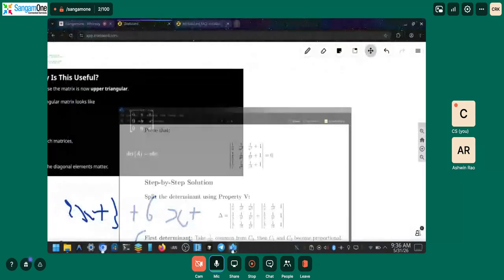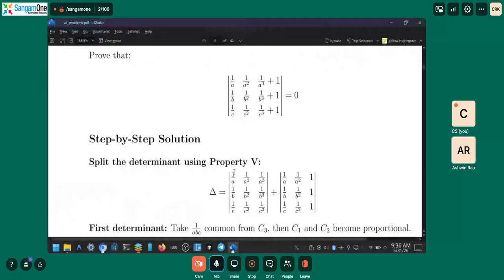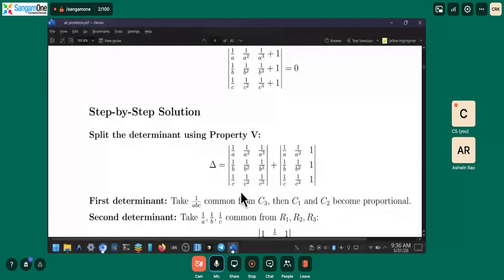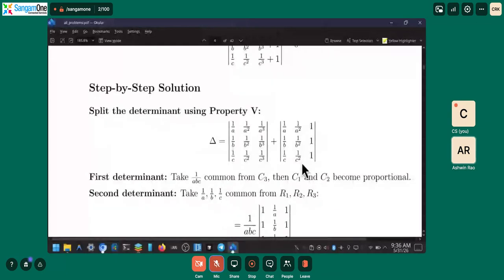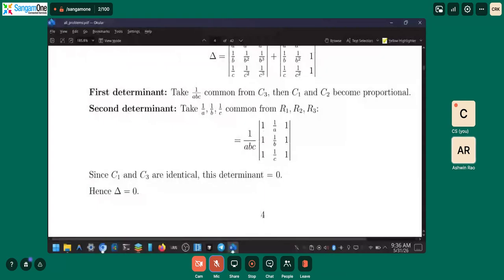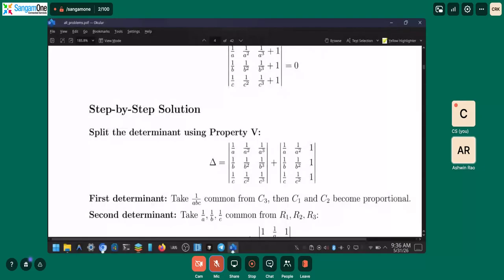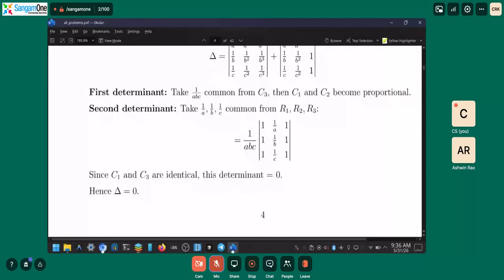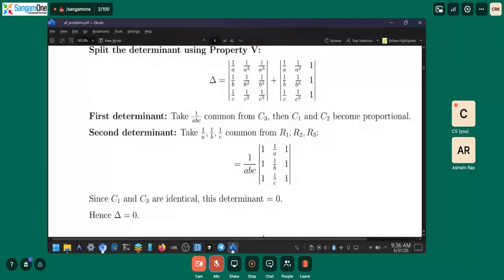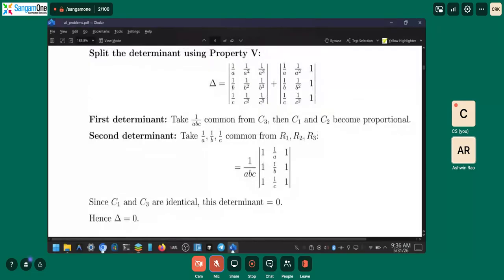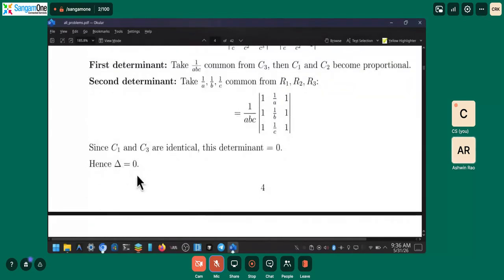When we split that, we get this. Then take ABC common from column 3, and C1 and C2 become proportional. Then in the second determinant also take these elements out, then we get this matrix. Since columns 1 and 3 are identical, column 2 is identical, that's why it is 0, hence the determinant is equal to 0.